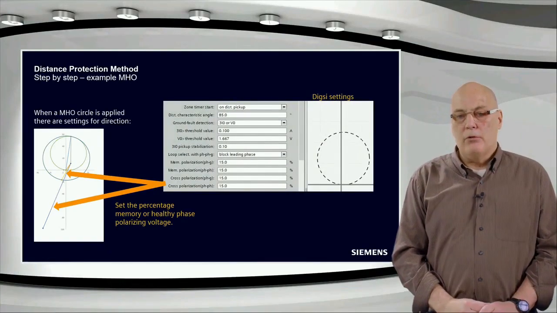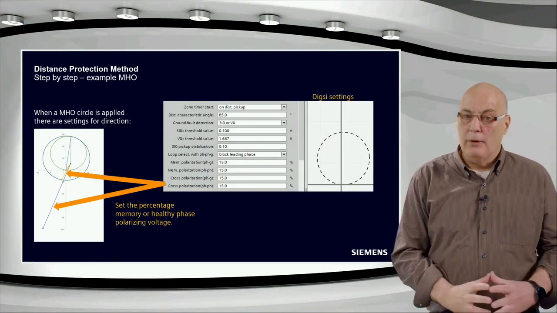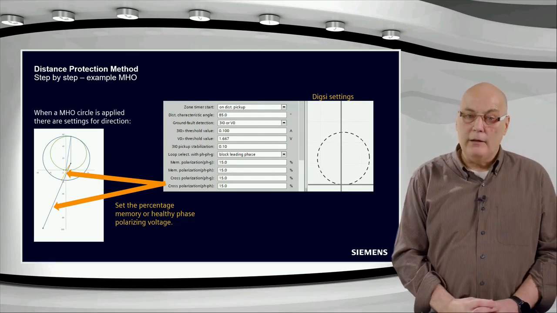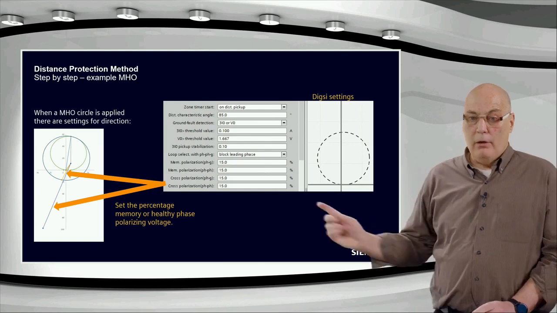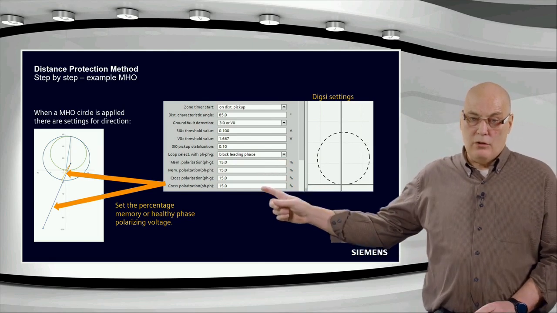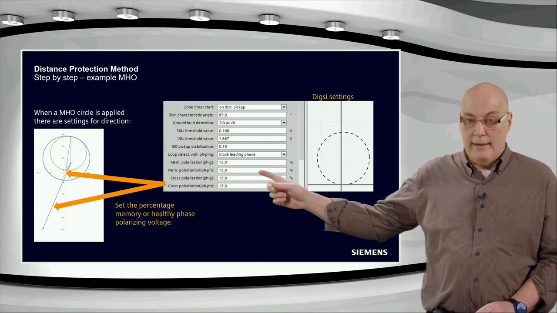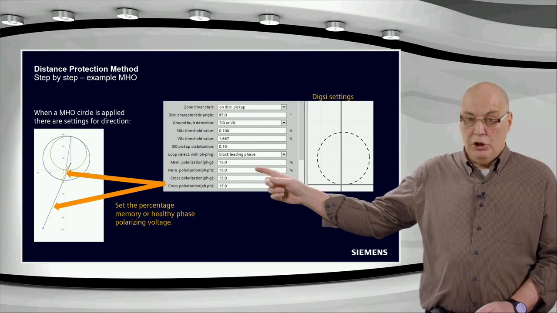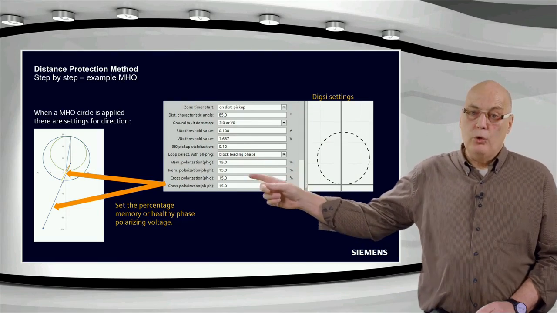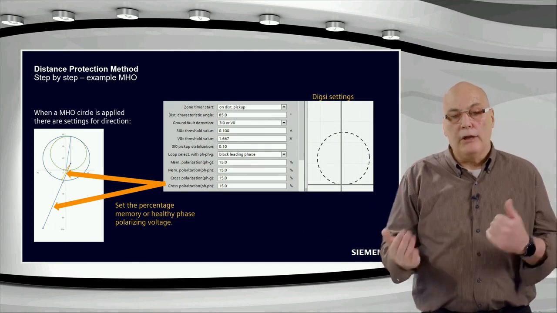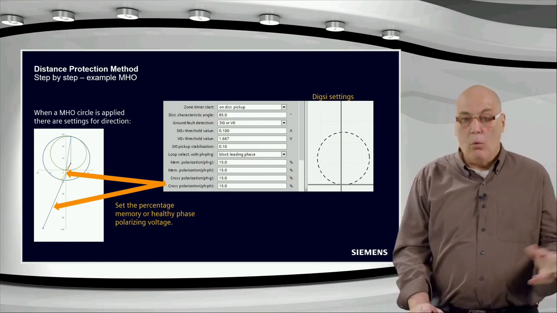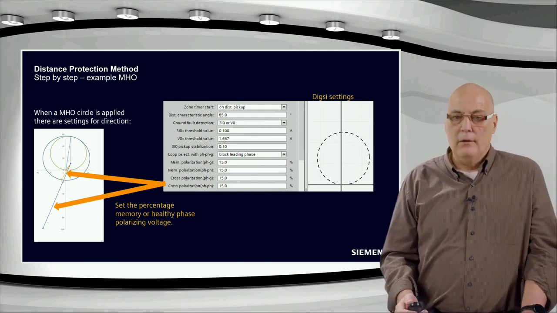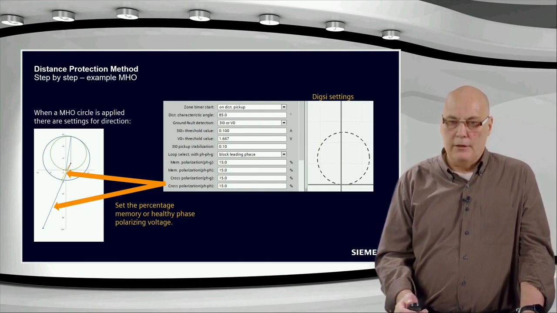You never really see a graphic of the expanded Mohs, but one has to know that in reality, during the fault, the Mohs circle is expanded. And the amount of polarizing, you can see we've set in this example the default setting of 15%. You can see it's memory voltage, and we are dual polarized. We're polarizing with memory voltage and healthy phase cross polarization. We'll see a little bit more about what healthy phases are later on in this presentation.